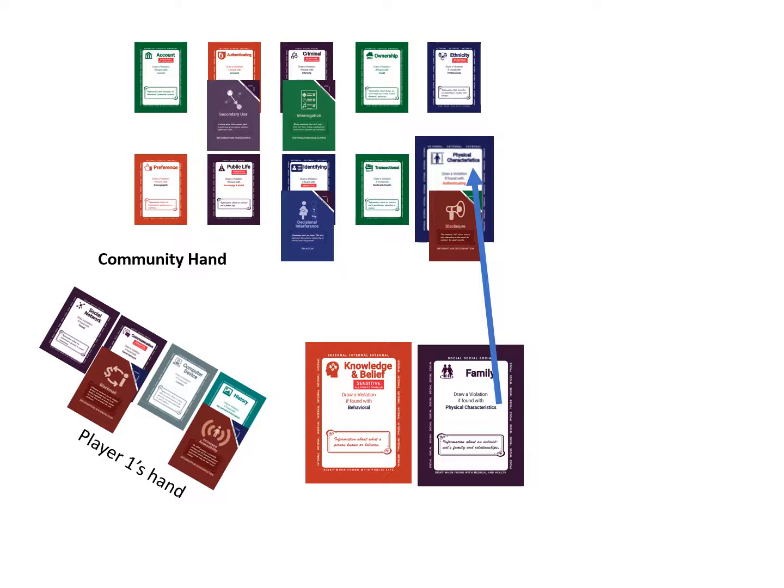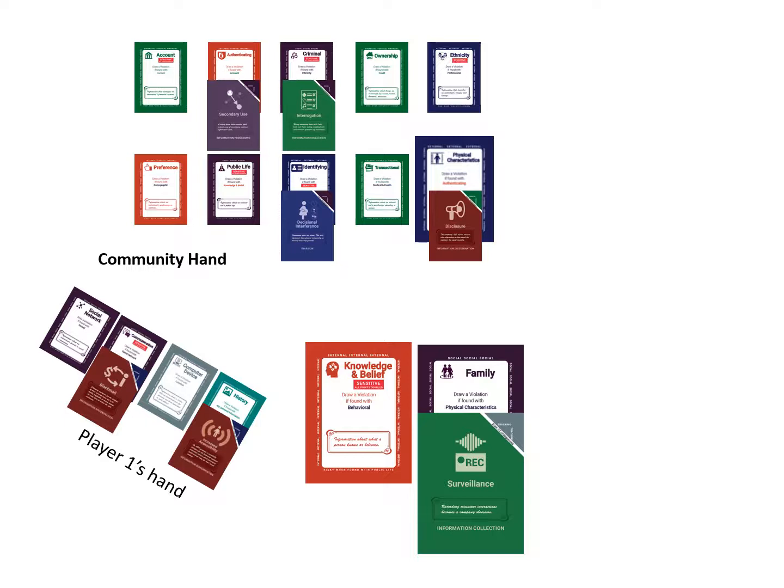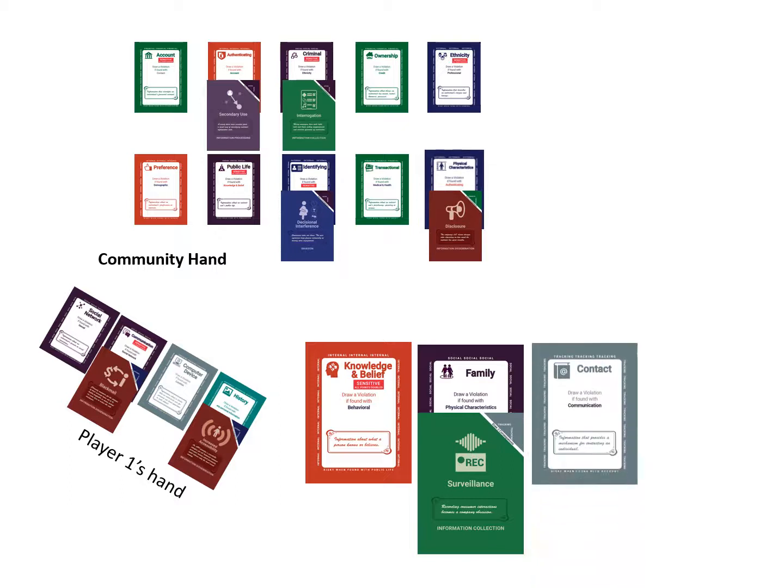Since physical characteristics is in the community hand, which is part of player two's hand, we deal a violation to player two. The third information card is contact information, which is risky with communication information, which we don't have. Even though that's in player one's hand, it is not accessible to player two, therefore we don't have to draw a violation.